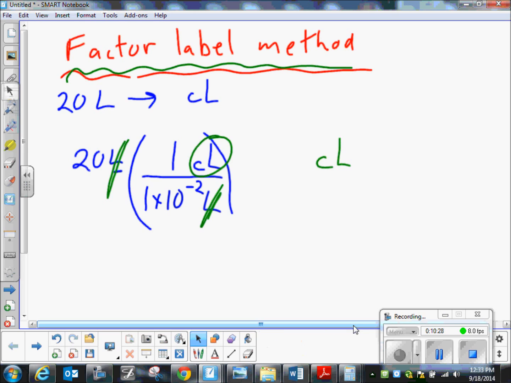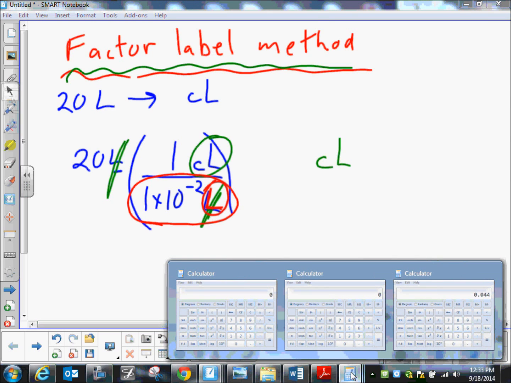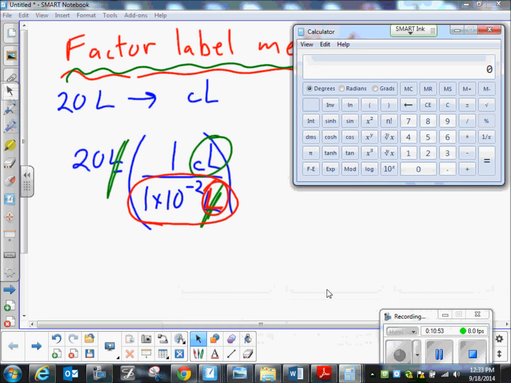So now we have to put this in our calculator. Notice, and this troubles kids. They seem to think that the number has to either go on top or on bottom. It can go either place. The thing is, the number has to go with the base. If you're following that table, the number always goes with the base. So let's look to see how we would calculate this. Okay, and we have 20, so I push 20.